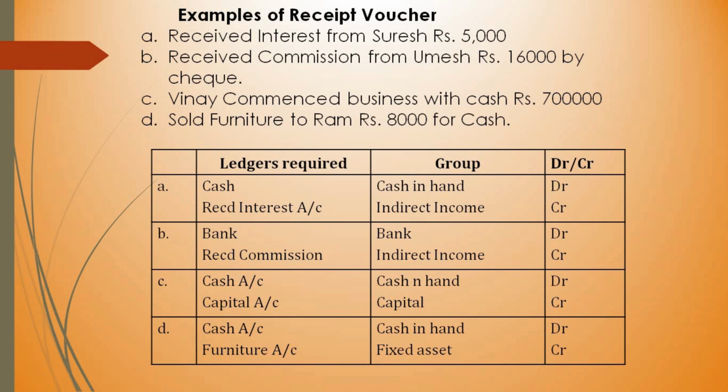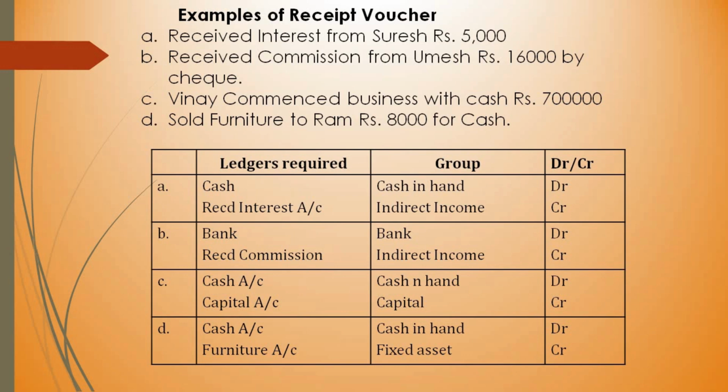Next one, Vinay commenced business with cash. Who is Vinay here in this case? He is the proprietor. A person who invests money is called proprietor, and the money invested by the proprietor is called capital. So here one account is capital, the other account is cash. Capital is on the credit side and cash will be on the debit side.